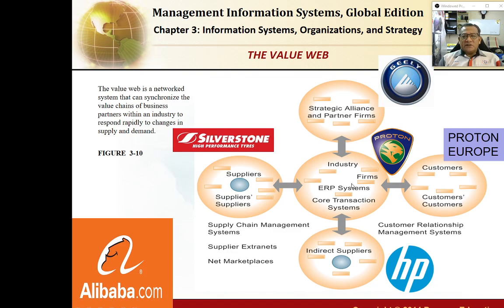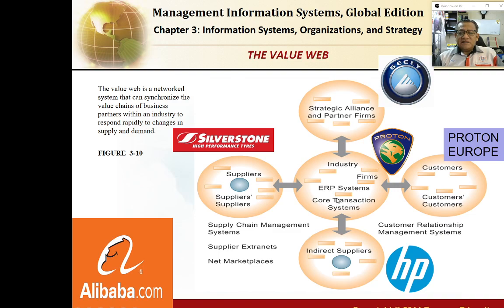So why is it called the value web rather than value chain? Basically the value is connected within the network, within the internet, within the intranet, and the extranet connection. So in the value web, you have the parent or the host company like Proton.